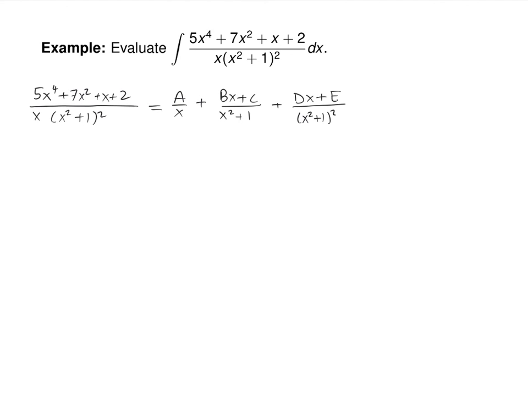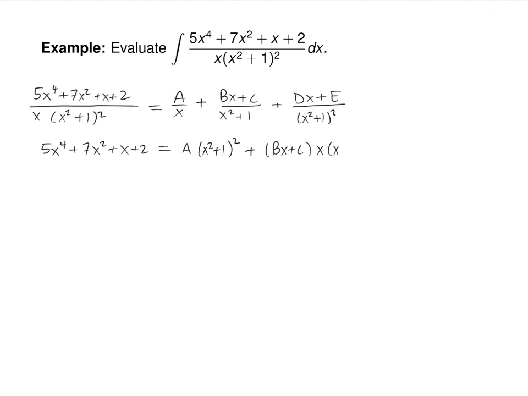Kidding. Okay. So 5x to the 4th plus 7x squared plus x plus 2 will equal, what will be multiplied by the a when you multiply by the denominator of the left side? X squared plus 1 quantity squared. Yep. What's multiplied by the bx plus c?